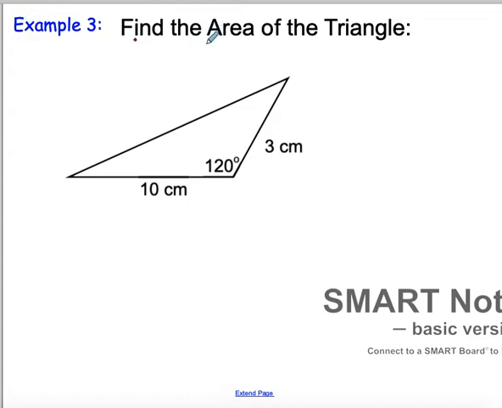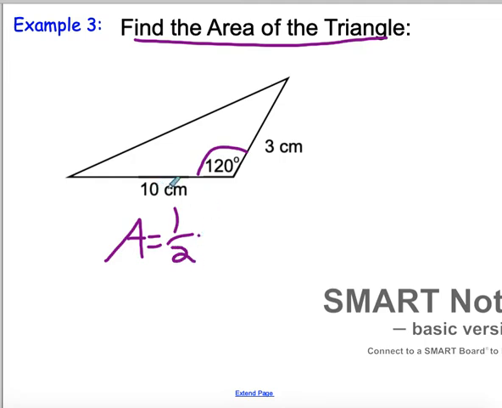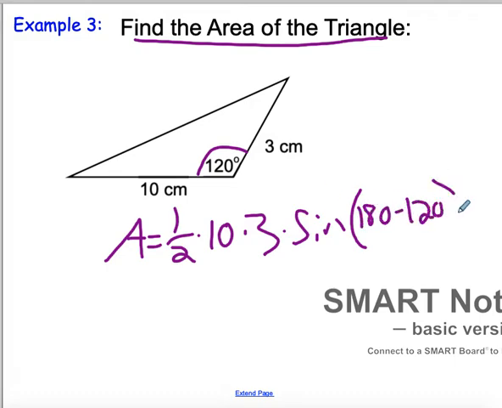So right off the bat, find the area of a triangle. Hopefully it's obvious this is obtuse. It's bigger than 90. And so the area equals 1/2 times the two side lengths, so 10 times 3, times sine of, now remember, if it's obtuse, you have to do 180 minus our angle, which is 120.